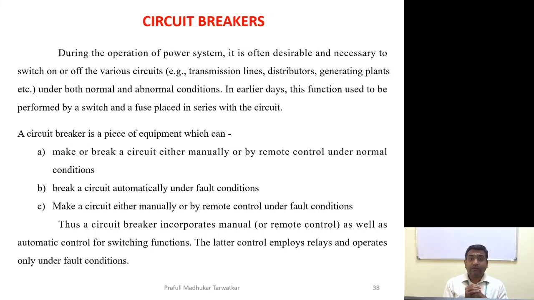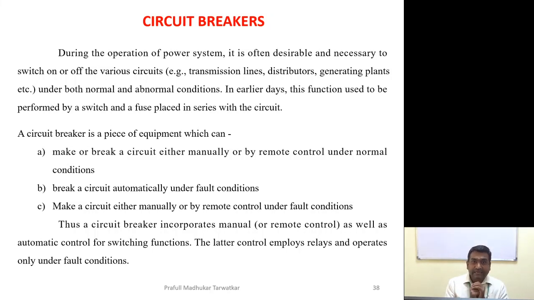But when a fault arises on the system, the current flowing through the circuit breaker exceeds, and in conjunction with the relay, it senses the fault and gives a signal to the circuit breaker, and then the circuit breaker opens the contacts. Thus the faulty part of the system gets isolated from the rest of the healthy system. So it is very important to discuss the circuit breaker in detail. We will see this now.